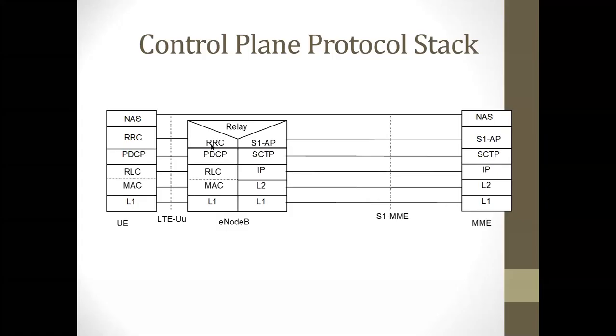So the eNode B loads it on the RRC message and sends that RRC message to the UE. The UE's RRC layer removes the RRC header, extracts the NAS message, and forwards it to the NAS layer. So that's how the UE and the MME talk to each other. Although the communication at the lower stage is between RRC, actually there's a communication between the NAS layers.